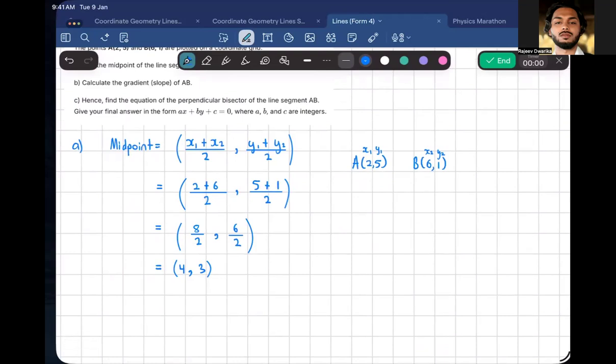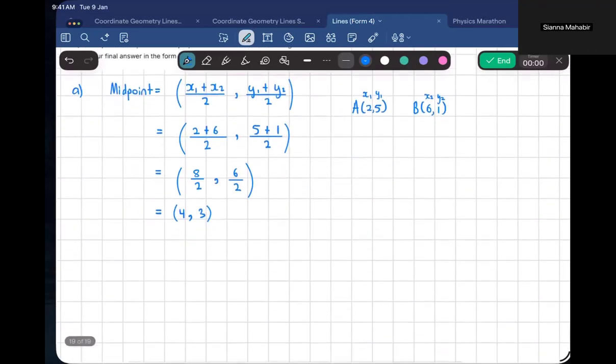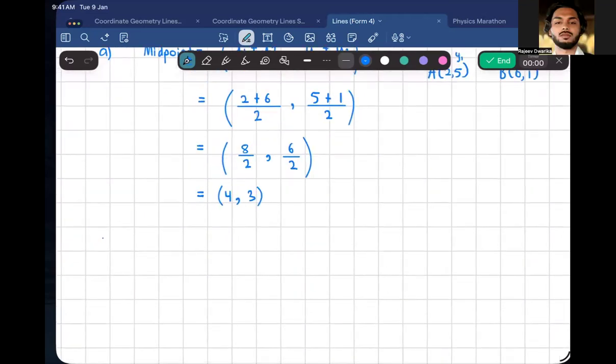So, Sienna, in part B, do they want us to figure out the gradient of the perpendicular line or the gradient of the first line AB? The gradient of the first line AB. Lovely. So remind me what's the gradient formula?